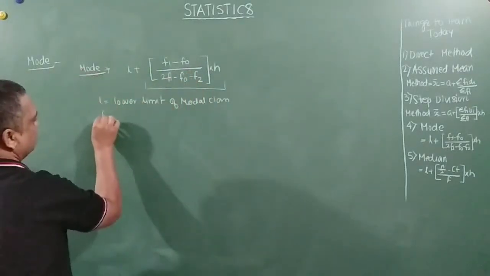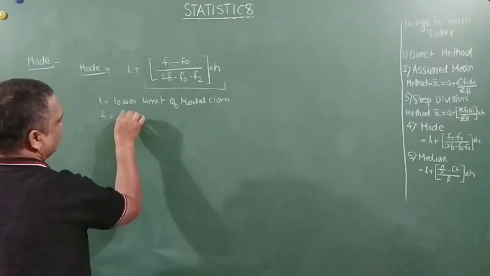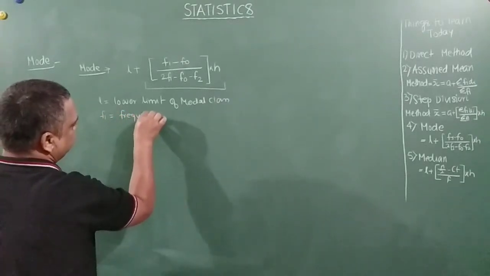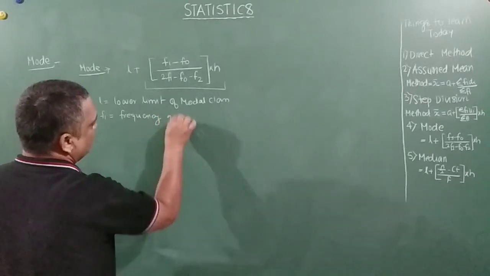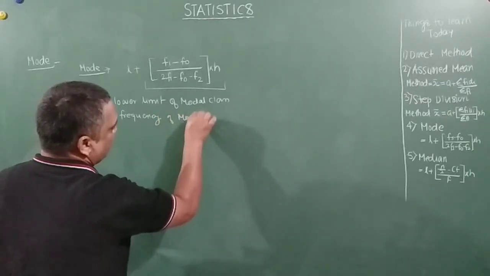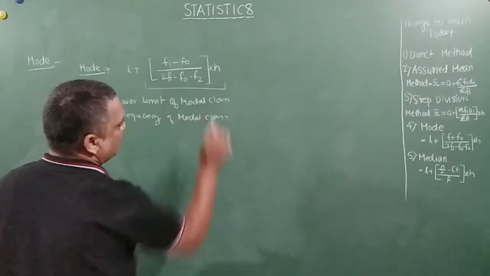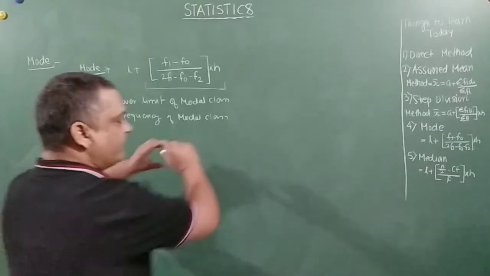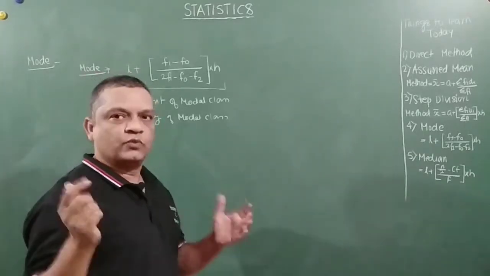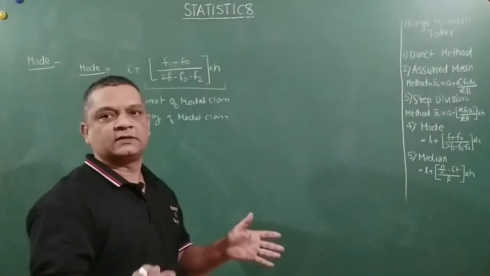Then F1 is the frequency of the modal class. We have decided what our modal class is, so what is the frequency of that modal class?